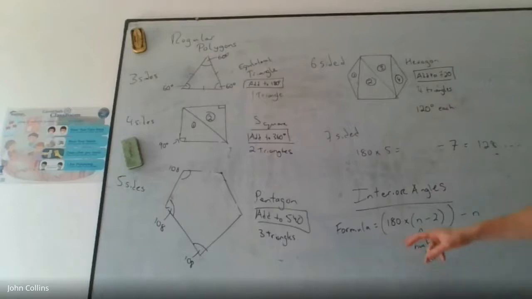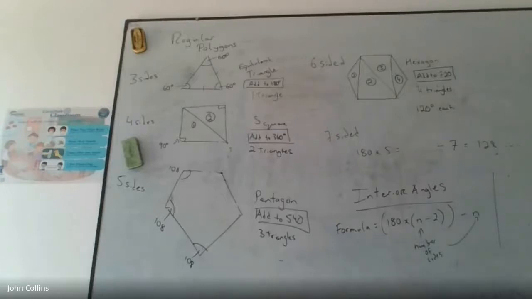It's the number of sides take away 2, and then divided by the number of sides. So n is the number of sides in both cases. But maybe we test your formula first. Give me the interior angle of a 15-sided shape.